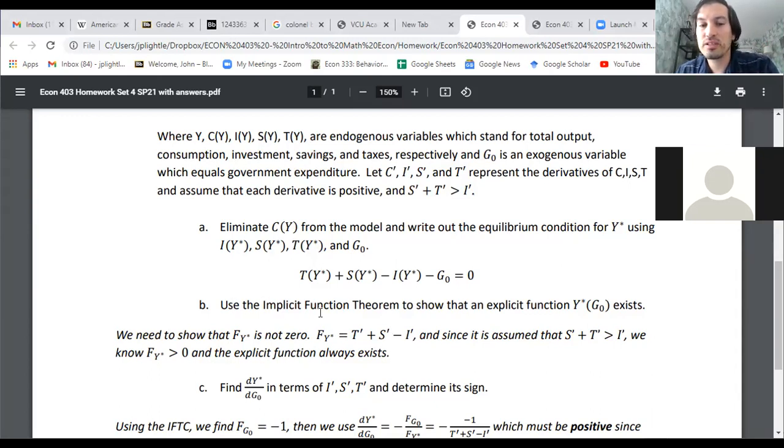And especially a question like this is a "show that" question, right? Show that, if you answer with an explicit function, y star must exist. But you should have showed it somehow.